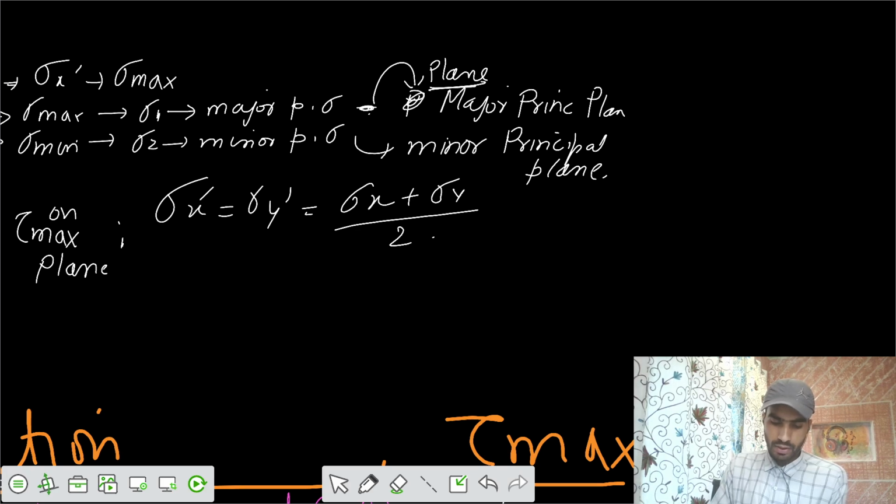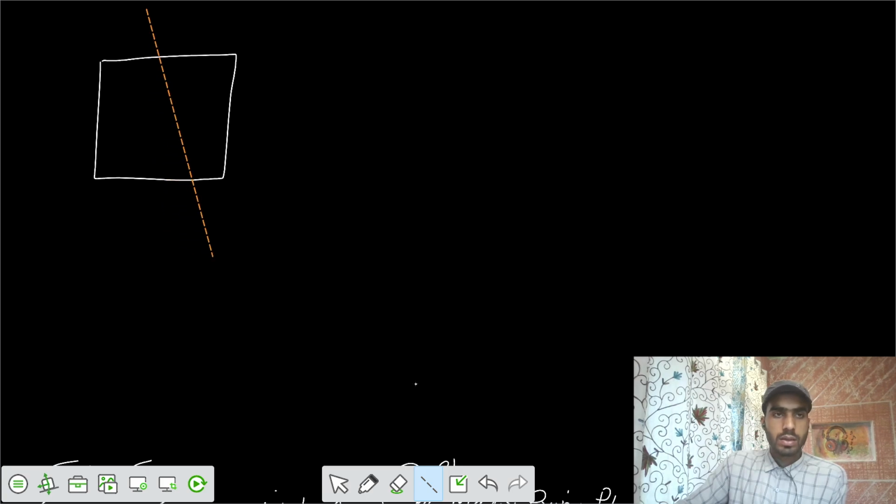Okay, we have reached it. Let's say now we are on a point, let's say you were having an element. This was your element. You want to say what are the stresses on this plane making angle 40 with respect to the horizontal plane.